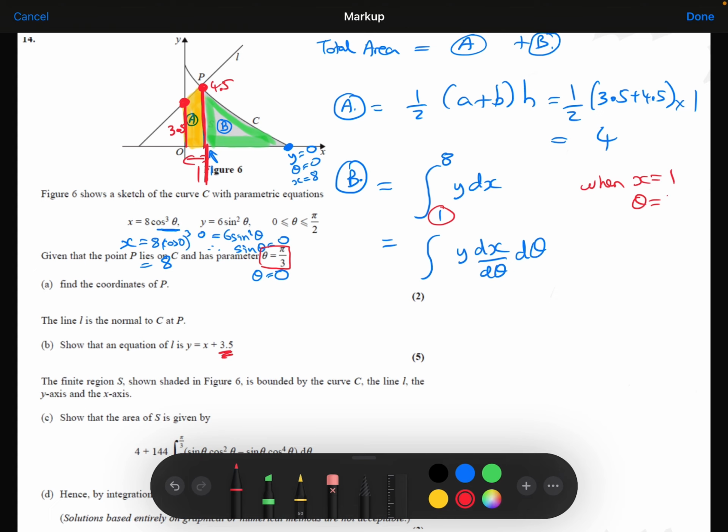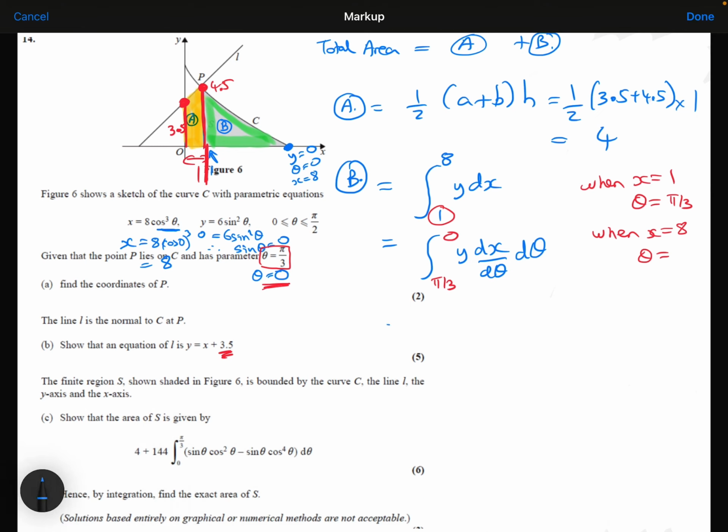We already showed that in a previous part of the question. And when x equals 8, again we just showed that theta was 0. So our upper limit is 0. Right, so that's our limits sorted.